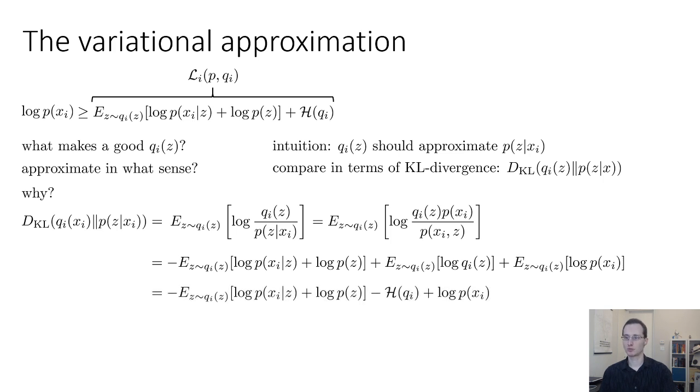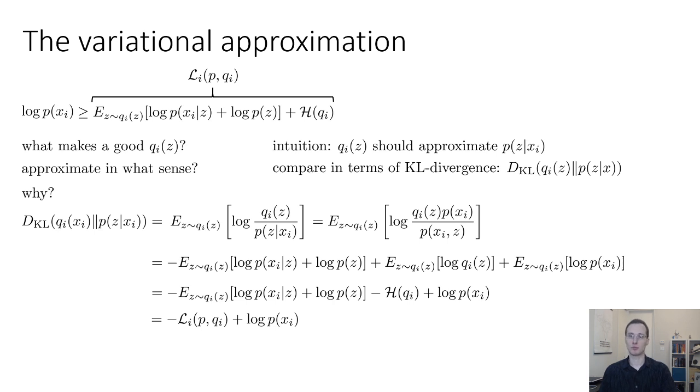So rearranging the terms a little bit, we can substitute in the entropy for the second term, and we can get rid of the expectation for the third term because the thing inside the expectation does not depend on z. And we can recognize that the first two terms together are just the negative of the evidence lower bound. And now we have a really interesting property. The KL divergence between qi of z and the posterior.